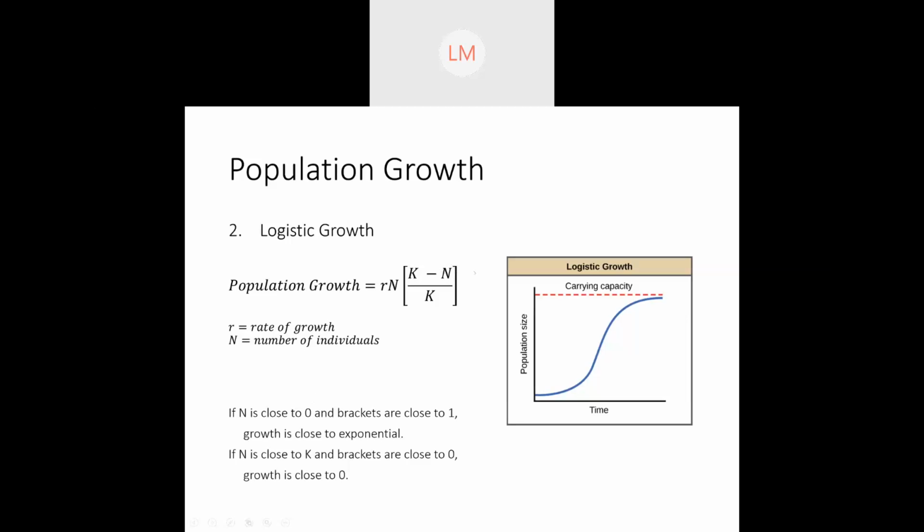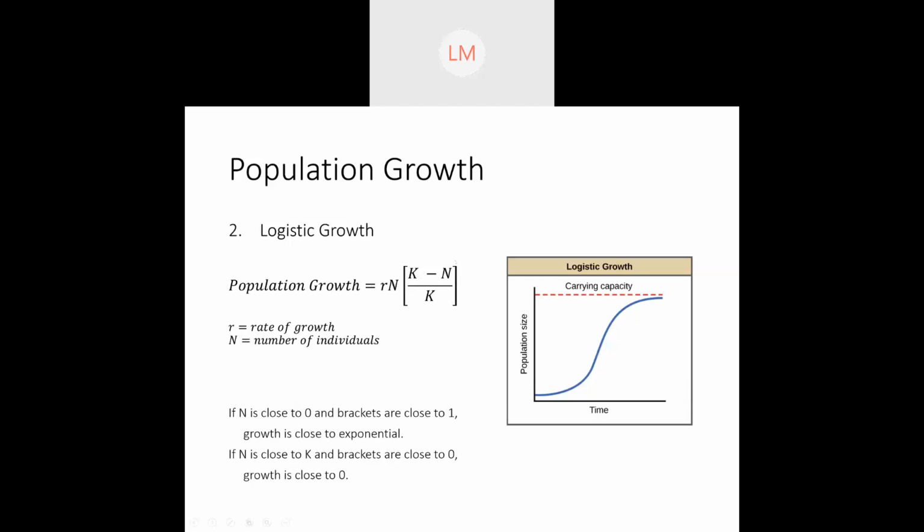So if N is close to 0, right? If our population is really, really small, if our population size is close to 0, then our bracketed value is going to be close to 1, right? If N is close to 0, then K is basically not changed that much, and then K divided by K is going to be really close to 1, right? Because K isn't really changed that much because our N value is so small.